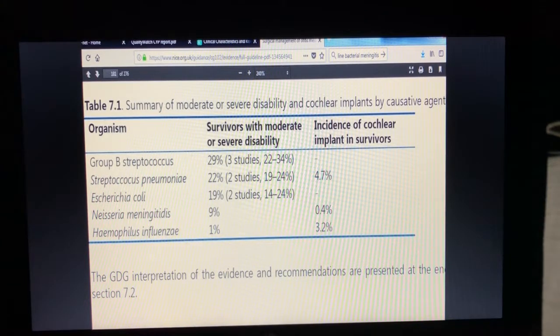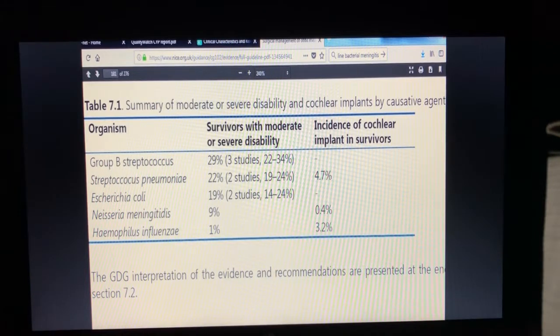In terms of outcomes, the NICE summary notes the high incidence of moderate or severe disability with Group B strep, with 29% of survivors showing moderate to severe disability, and that's 3 studies. With Streptococcus and E. coli, almost a fifth of patients similarly, and much lower for Neisseria and Haemophilus.